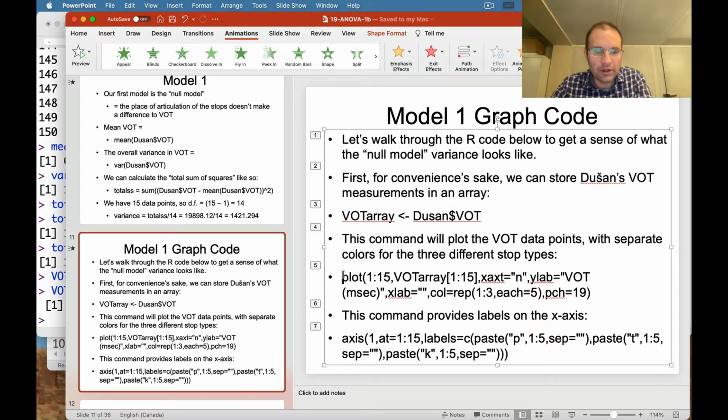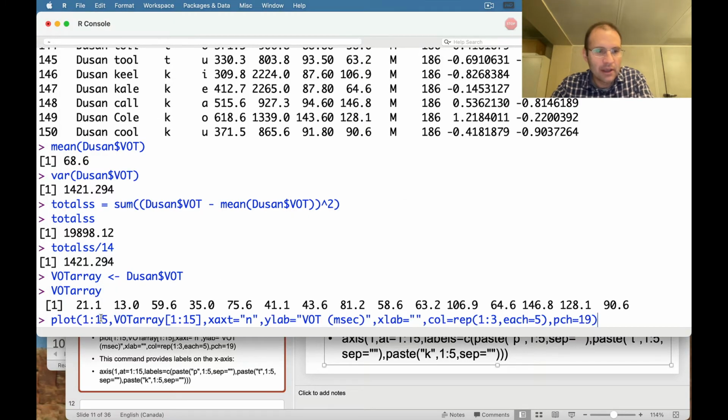So what I want to do is plot those data points. And I'm going to use this command, which involves a number of parameters that we haven't seen yet. So 1 through 15: when you say plot, it's just going to create a scatter plot. And the 1 through 15 part just says for the x value, have it range from 1 to 15.